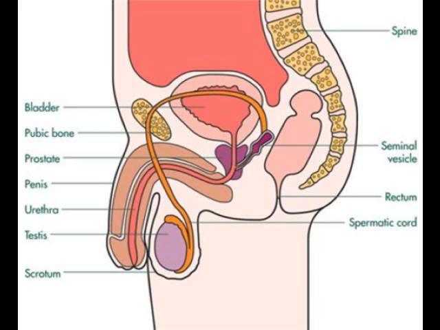Okay, the main organs and body parts for the male are, we have the bladder in the middle there with the pink, and then the pubic bone, which is right above the male genital area, and there is the prostate, and the prostate is right below the bladder, and basically the urethra starts from your penis, goes all the way through your penis, and goes actually through the prostate and into your bladder.